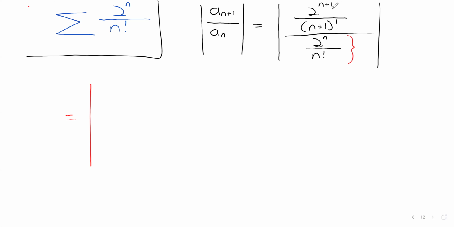So when we flip this denominator, this n factorial goes up here.